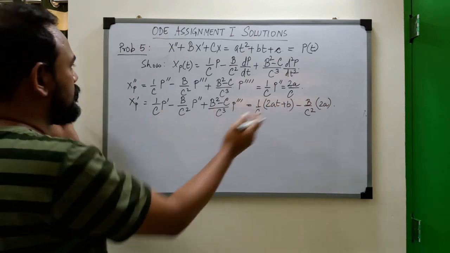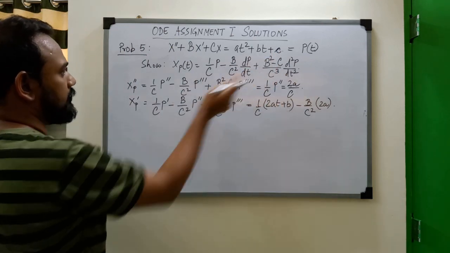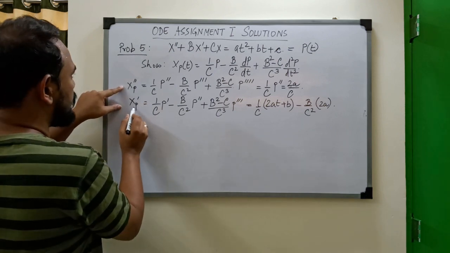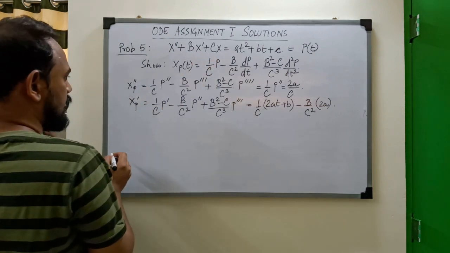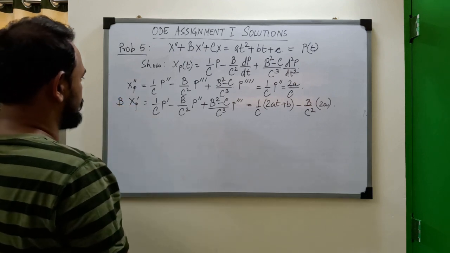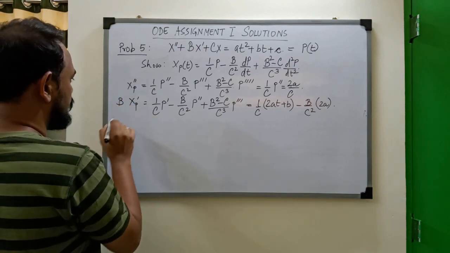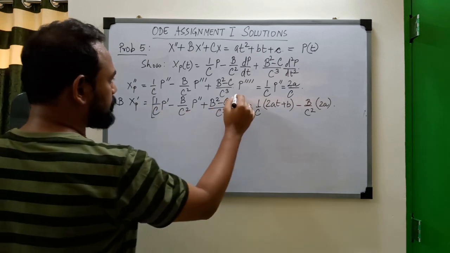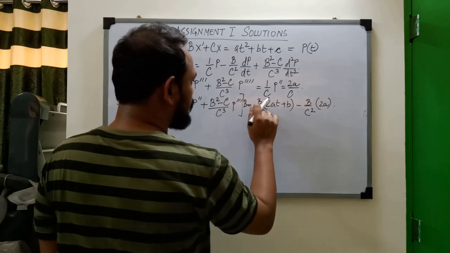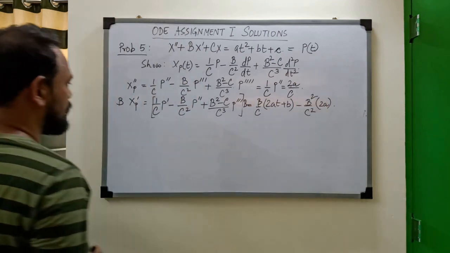So if I just put all of them together, I'm adding this one and this one. Really with a b here, so I just have to multiply the whole thing by a b. So I'm getting a capital B here and a b square.